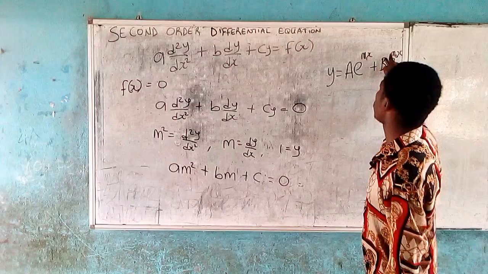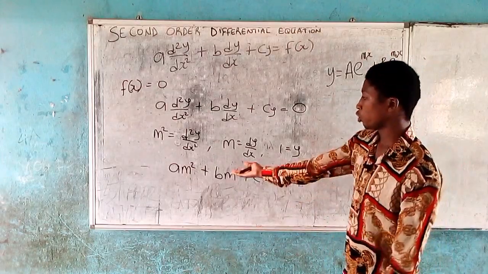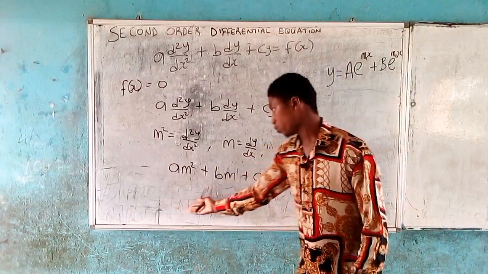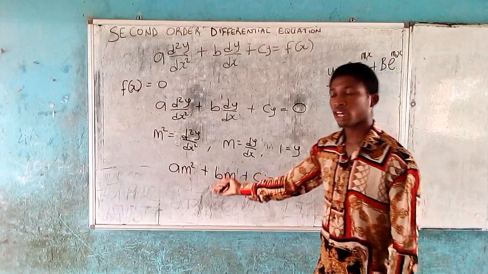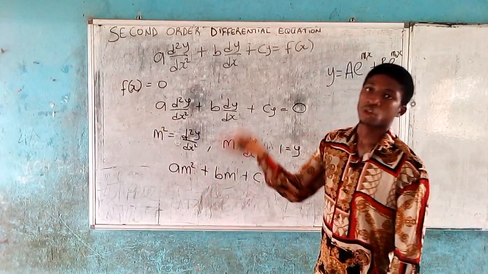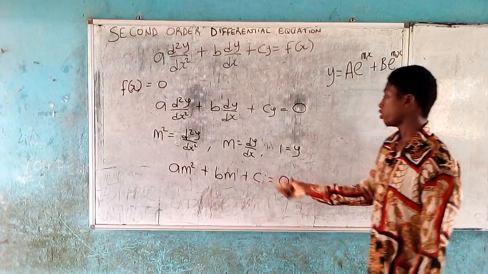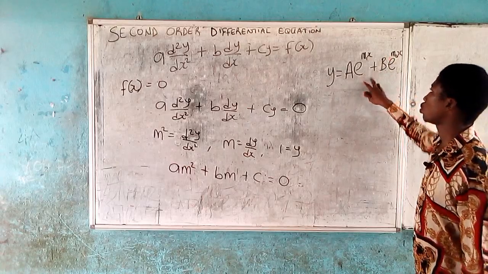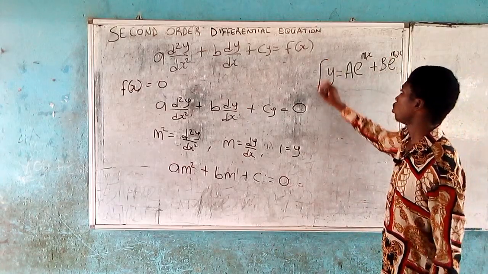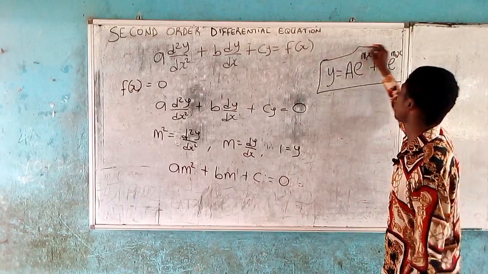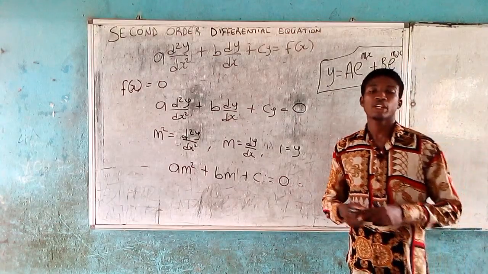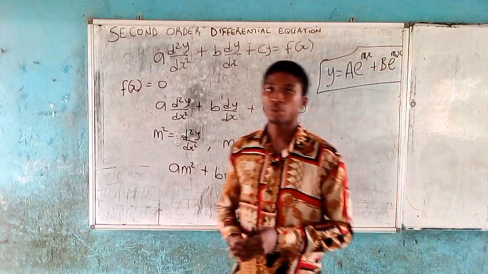Your m1 and m2 will be gotten from the quadratic equation that you solve. Obviously, m will have two roots, which we call m1 and m2. You now fix those roots into this equation. So this is the general solution for a second order homogeneous equation.